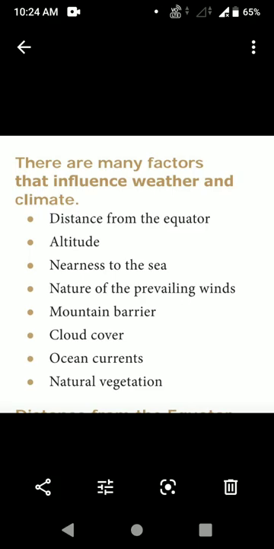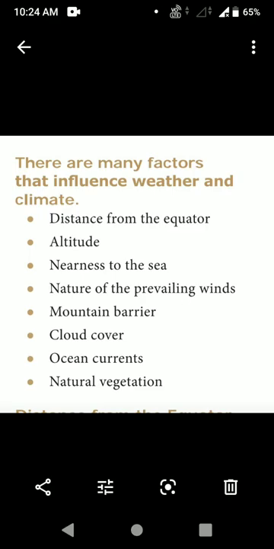Next, a very, very important event: daytime and nighttime. Near the sea, what will happen during daytime and what will happen during the night? During the daytime, near the seashore, the land mass gets heated more rapidly than the ocean.